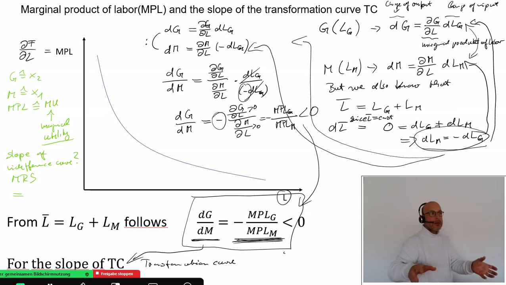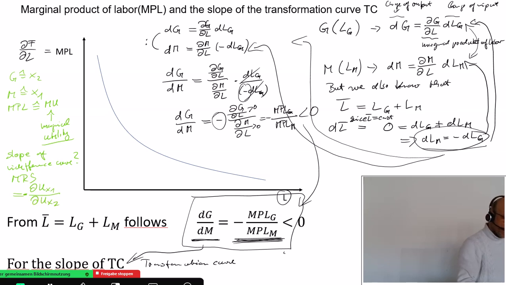Then afterwards you said, well, the budget line has a slope P1 over P2, and now I have to equate this with the general calculation of the slope of the indifference curve. And the slope of the indifference curve was the ratio of the marginal utilities with respect to x1 and to x2. So this was dU with respect to x1 and the minus sign dU to x2.